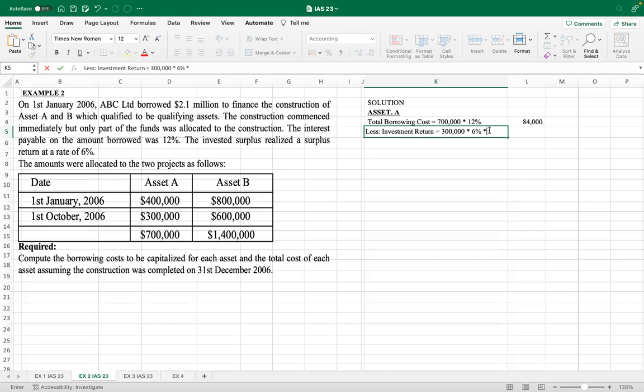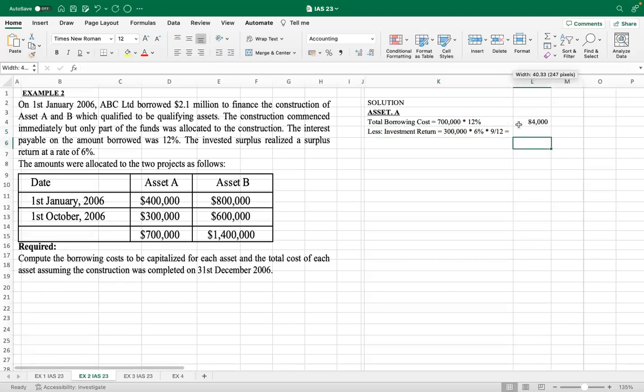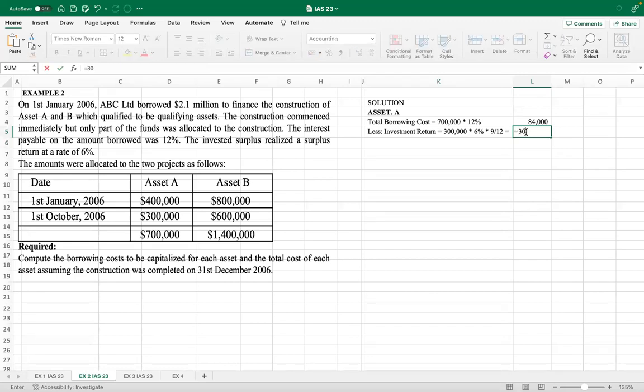We invested the 300,000 from 1st January to 1st October. How many months are those? 9/12. Immediately we reach 1st October, we withdraw the money from investment, and then we use it to construct. So what is the return from the investment? You take the 300,000 times 6% times 9/12.